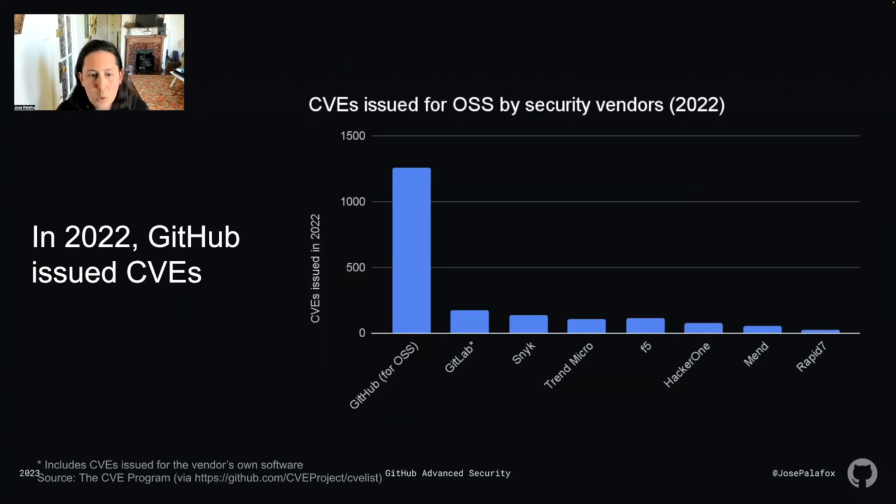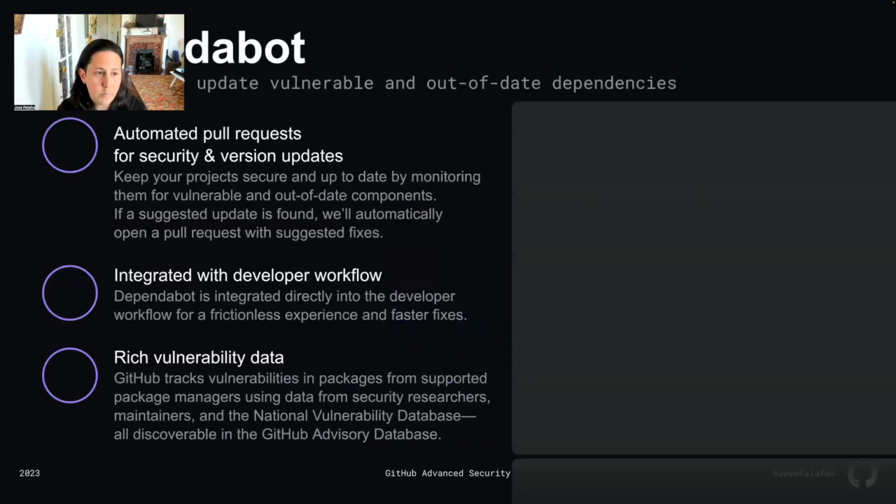So for 2022, we issued more CVEs than almost anybody in the industry, and it's through this broad open source collaboration with all of you that we're able to do this. So thank you to everybody that used this feature last year and has contributed to creating more awareness of vulnerabilities that may be present in open source projects. And I'd encourage you to enable this feature and continue using it.